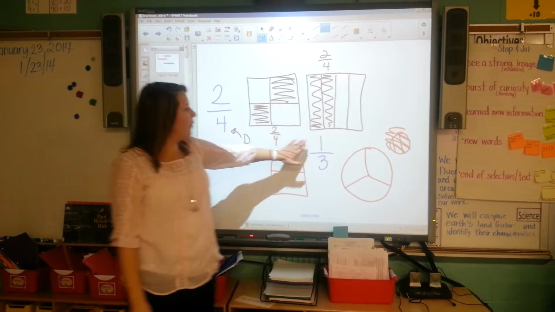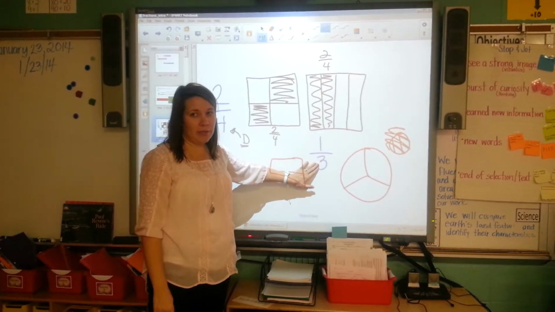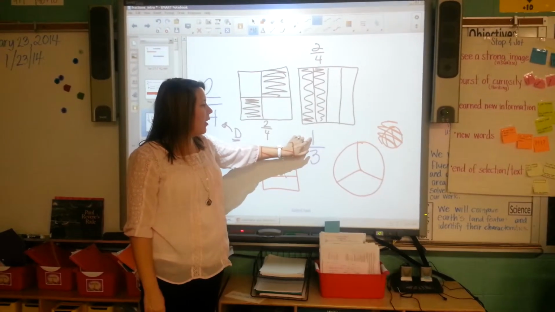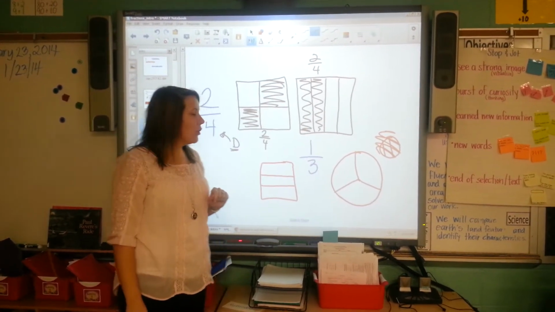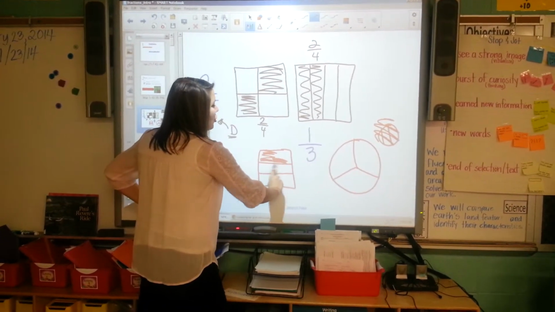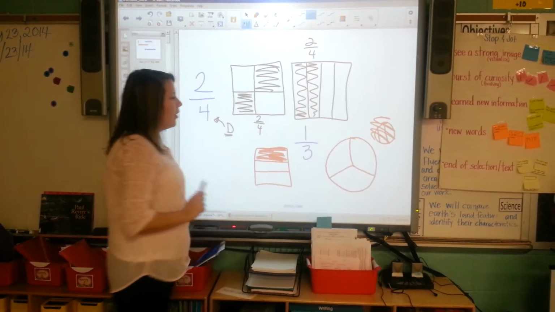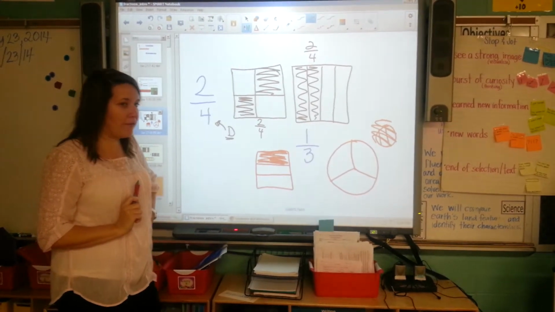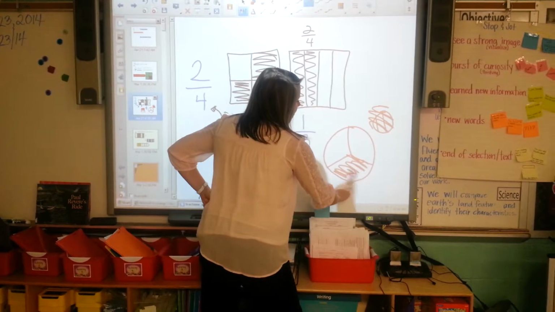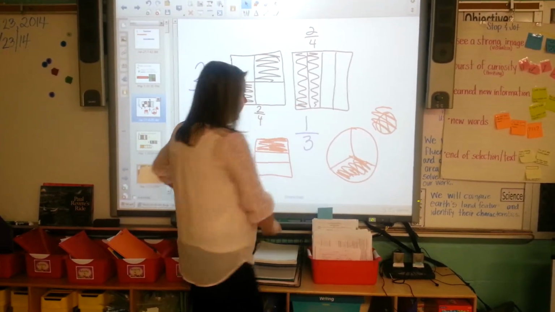So let's see. If we have 1/3, they say that fraction would be 1/3. So we know that there's one part that we're talking about. So we need to make this one part. So I can color it or shade it so it's 1/3 or 1 out of 3. For this fraction, it would look like this. 1/3.